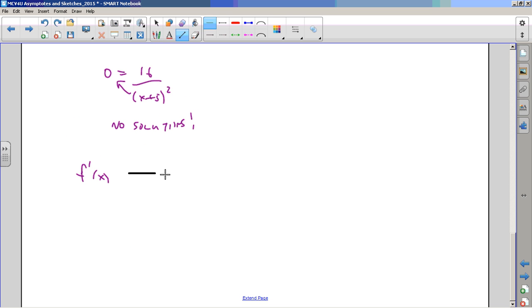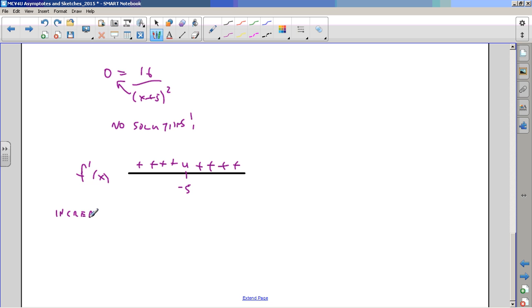We knew it was undefined at minus 5. But on the left of minus 5, this expression is always positive. And on the right, it's always positive. That means our function is always increasing, as long as it's defined.